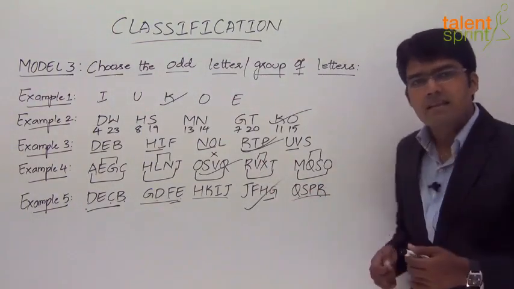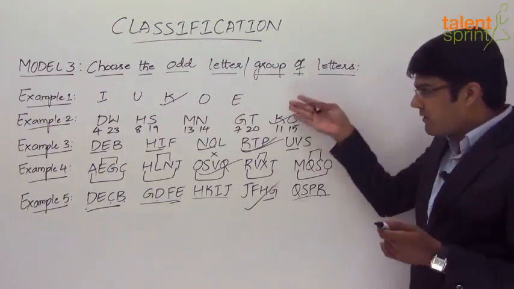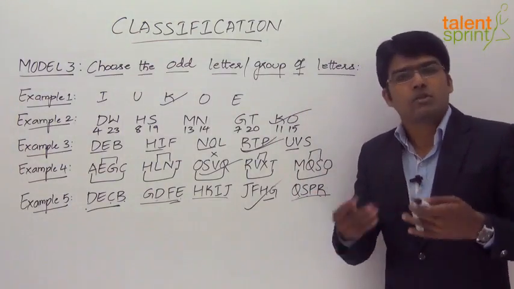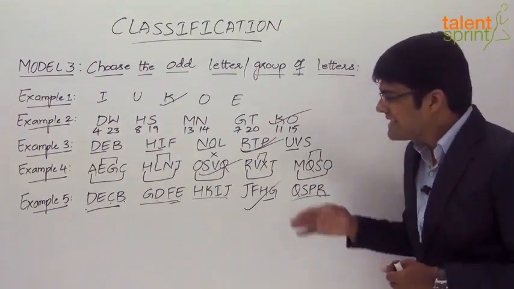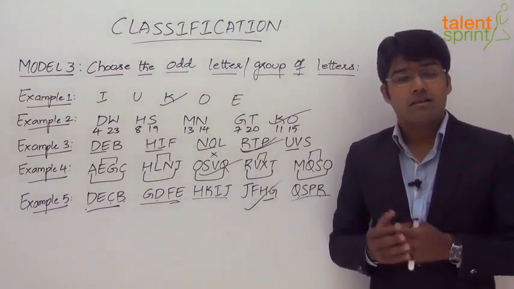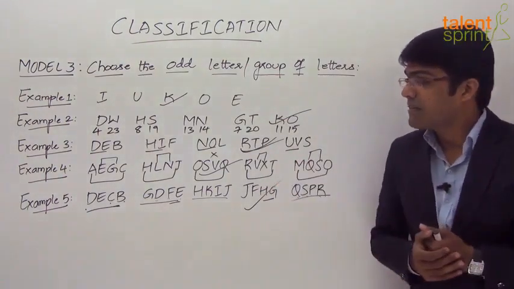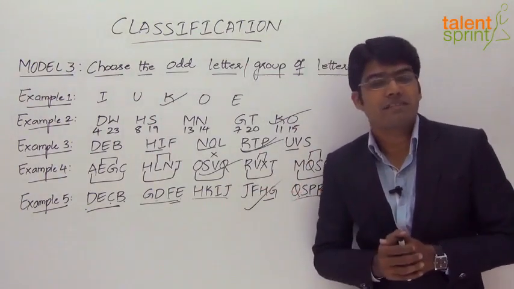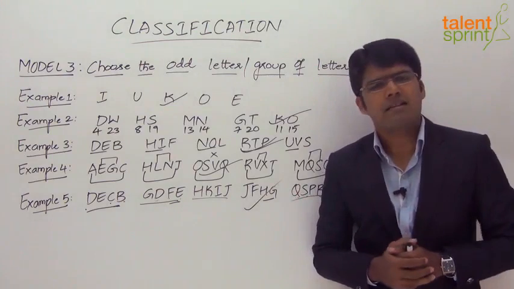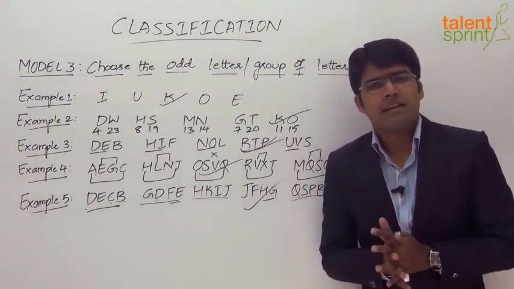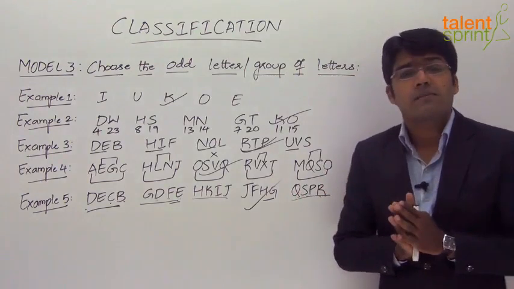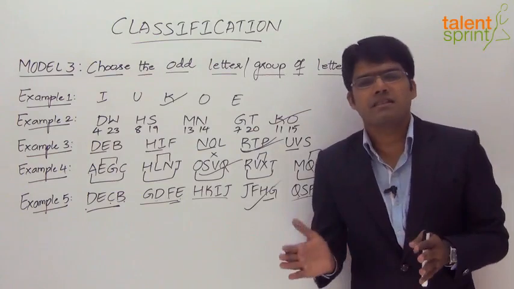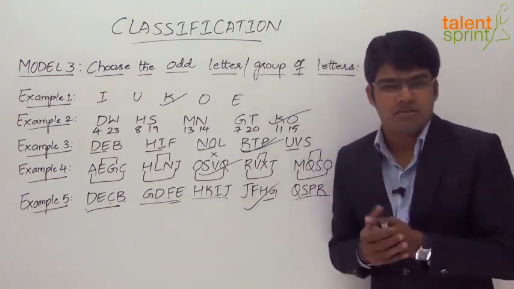So this, as I said, is typical logic, not like what we have seen in most of the other examples based on the positions or numerical position as per the English alphabet. As we can see, example 5 has a typical logic, unlike most of the remaining examples that we have discussed, where the logic was based on the positions of these letters as per the English alphabet, or the way the letters have been arranged, right?